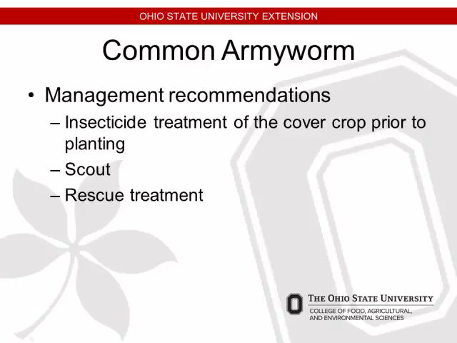After the fact, you can scout and use a rescue treatment if you find enough injury from armyworm occurring on those plants. Fortunately, it is an easy one to manage with a rescue treatment if you scout, discover it, and react to it in a proper time.